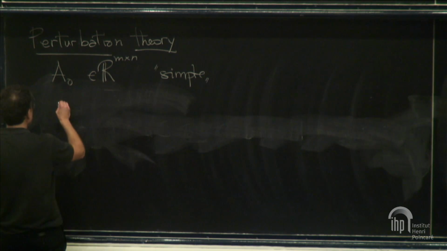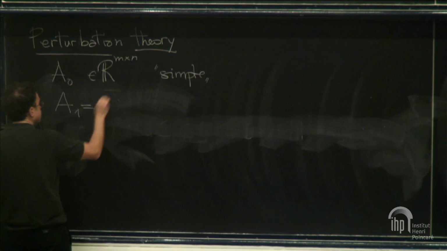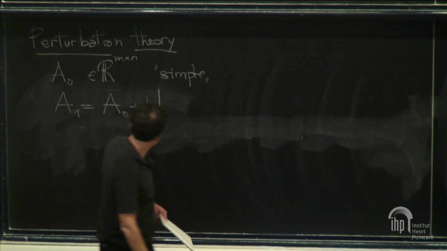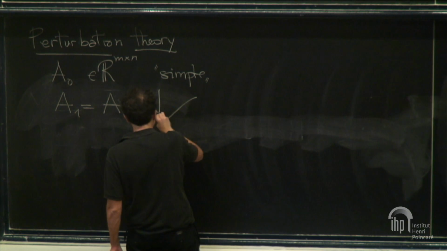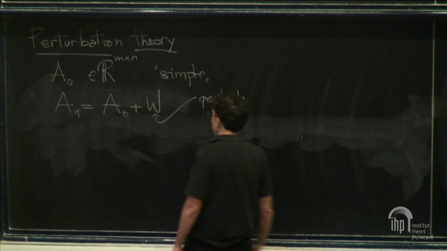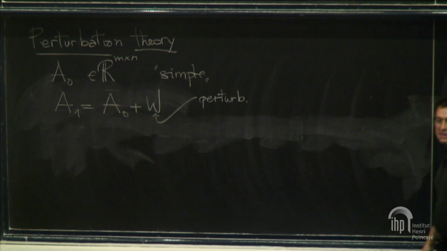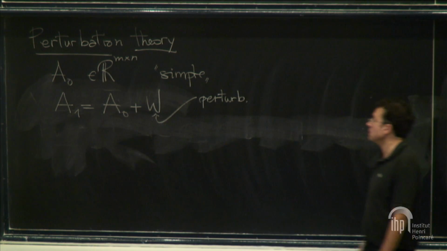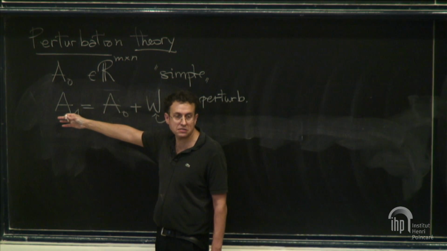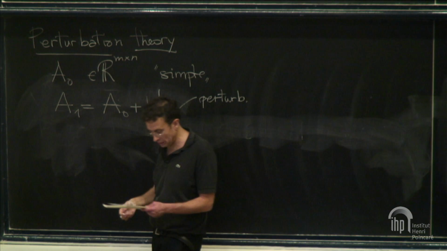And now what you want to look at is a new matrix A1 that is A0 plus some perturbation. So this is my perturbation. You understand well the singular spaces and singular values of A0, and now you want to understand what are the singular vectors and singular values of A1.